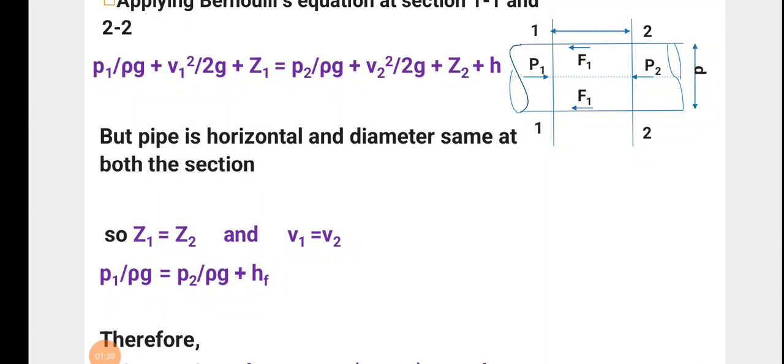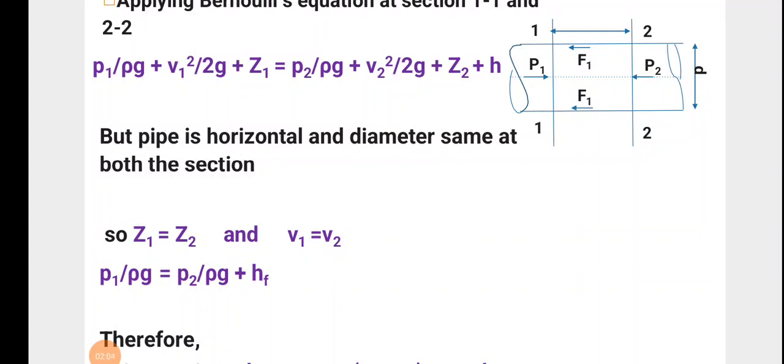Here, as the pipe is horizontal and the diameter is the same at both sections, the datum heads Z1 and Z2 will be the same. Therefore Z1 equal to Z2, and as we assume steady flow, the velocity at both sections will be the same, therefore V1 equal to V2.